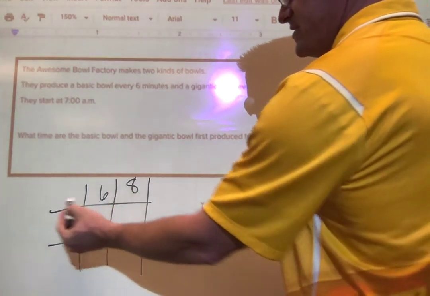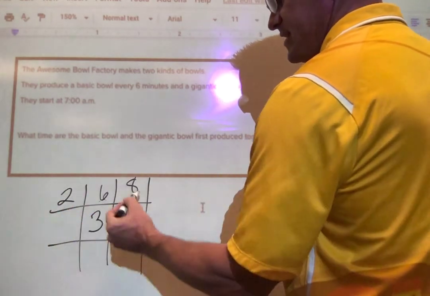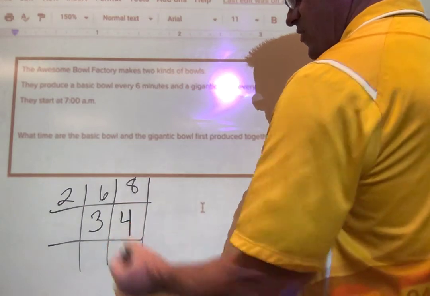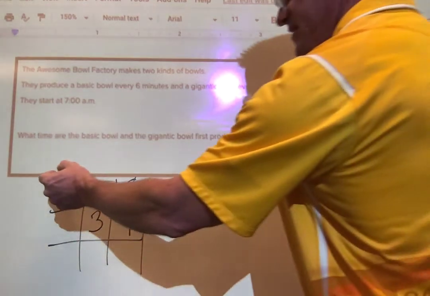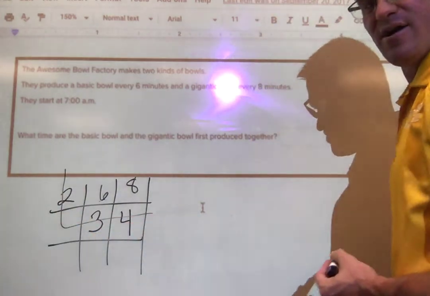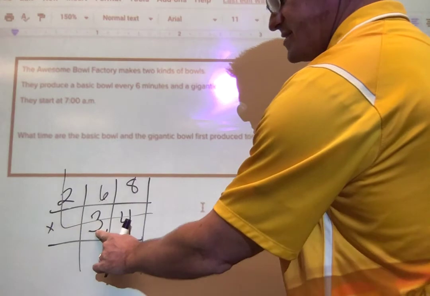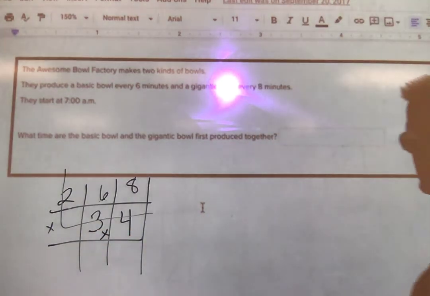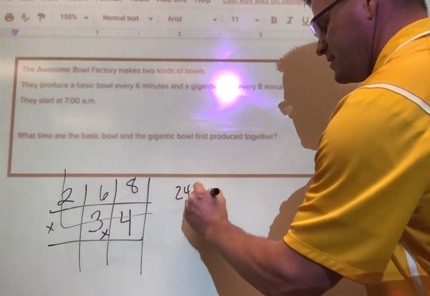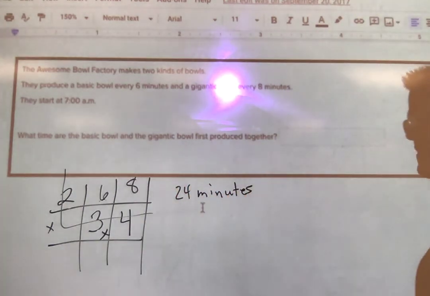I know they're both even, so they divide by 2. 6 divided by 2 is 3, and 8 divided by 2 is 4. Now the 3 and 4 are relatively prime. So to find that least common multiple, I can multiply all of these together. 2 times 3 is 6, and then 6 times 4 is 24. In other words, it's going to take 24 minutes for them to be made at the exact same time.